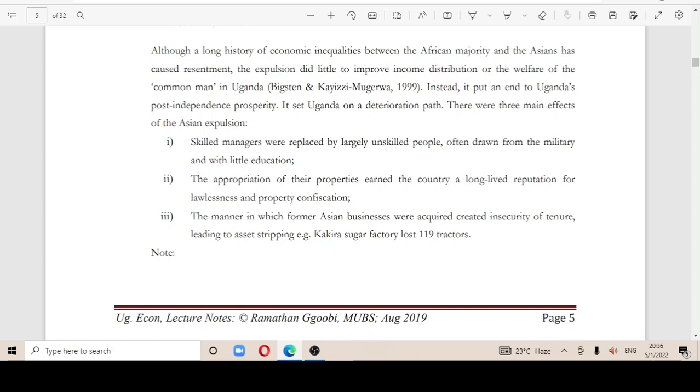And still there was also the appropriation of their properties, and the country lost a long-lived reputation for lawfulness and prosperity, and property confiscation. So meaning that Uganda was having that reputation of confiscating the property of foreigners.